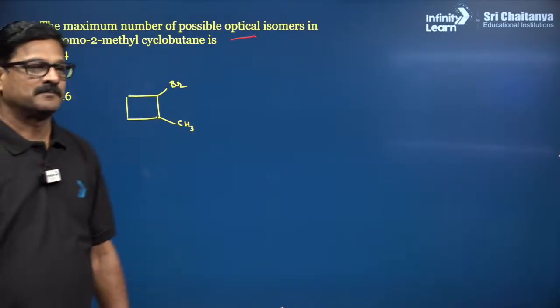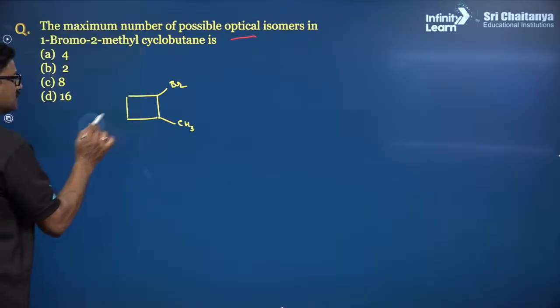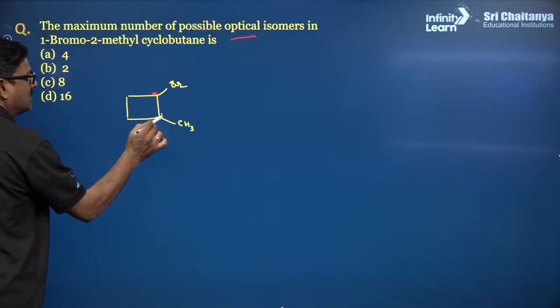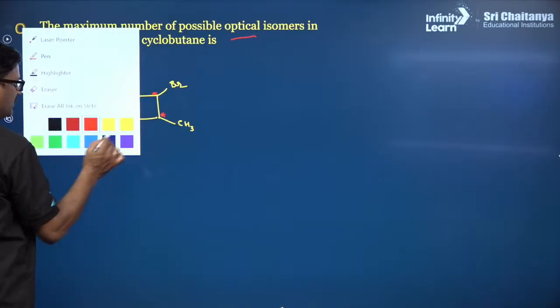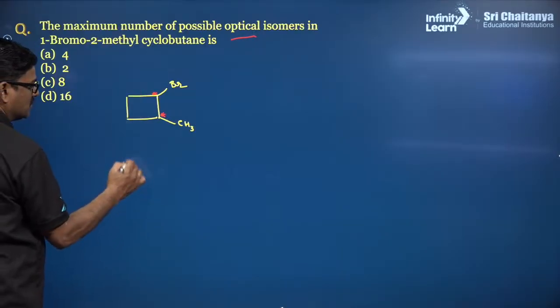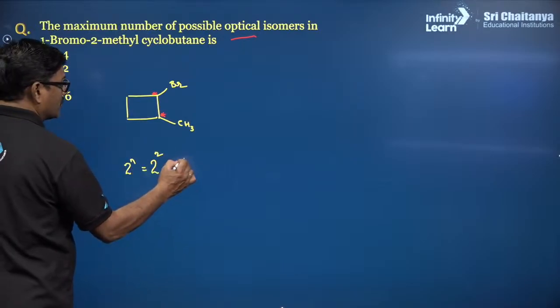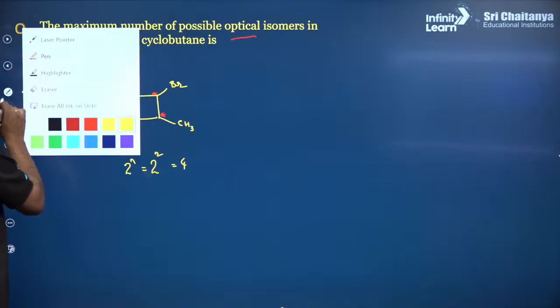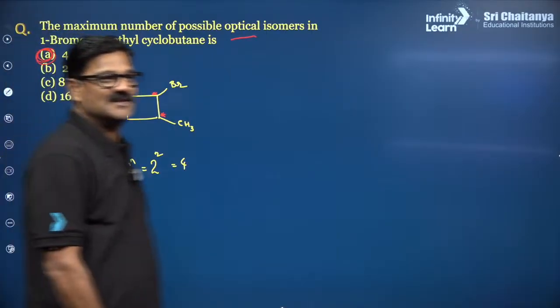It is going to have chiral centers, right? So it is going to form 2 to the power n number of stereoisomers. With 2 chiral centers, 2 squared is going to be 4. My answer for this question is 4.